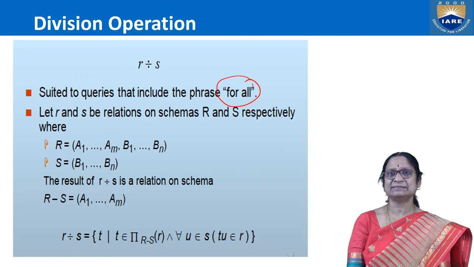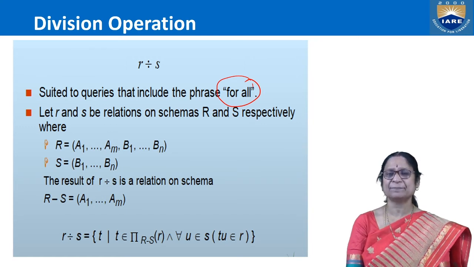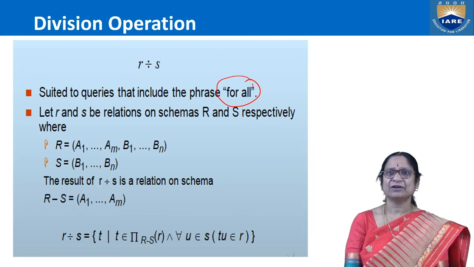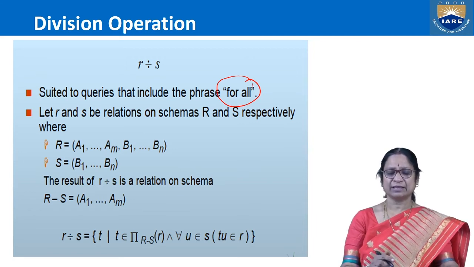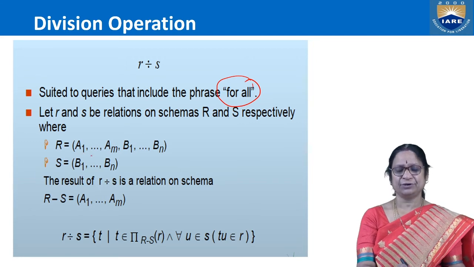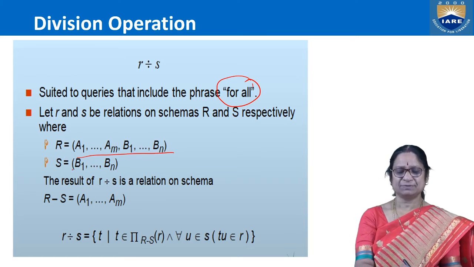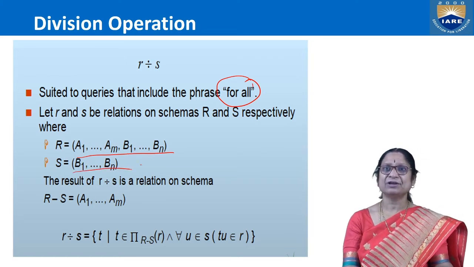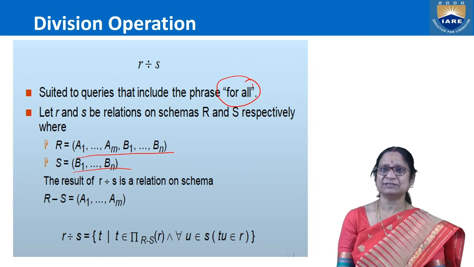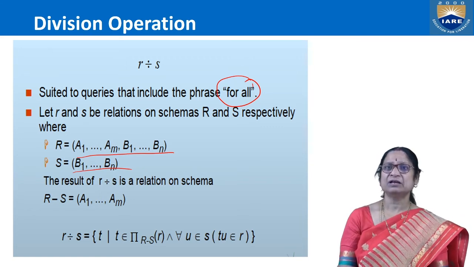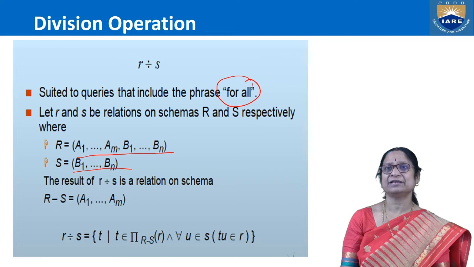So for example, let us consider two relations, R and S, on schemas capital R and capital S, where capital R consists of the attributes A1, A2, A3, etc., AM, B1, B2, B3, etc., Bn. And S must be like this. That means we can apply the division operation if and only if all attributes of S are available in the R relation.